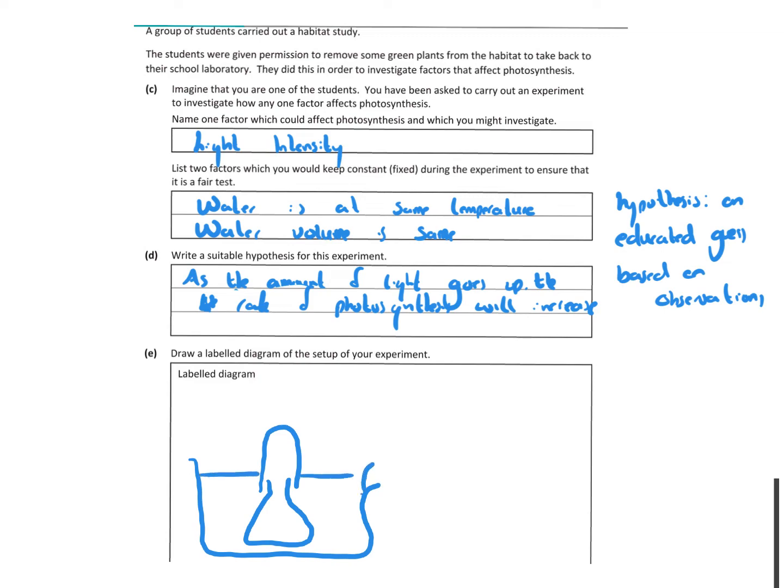Just extend that up slightly. And there's also going to be water inside the test tube here. Our pondweed is going to be down here. And that's going to produce bubbles. And over here we're going to have our ruler, which is going to record the length that the light source is away from the experiment.